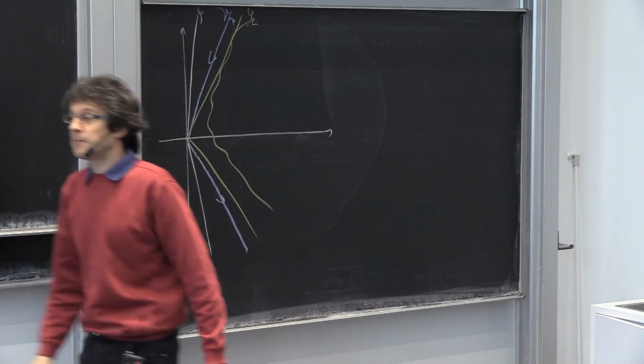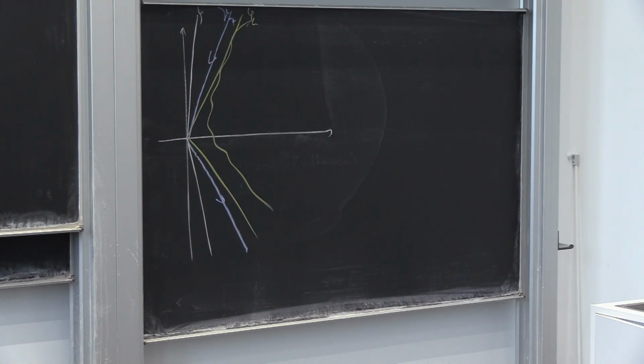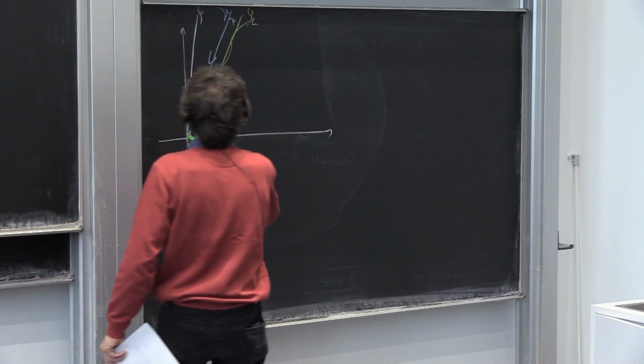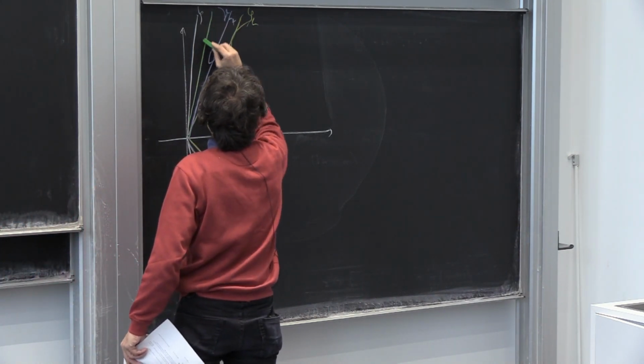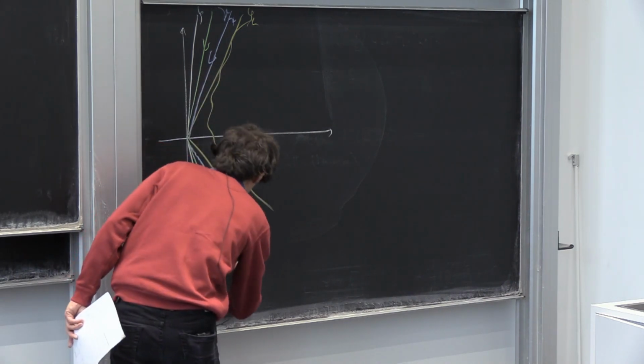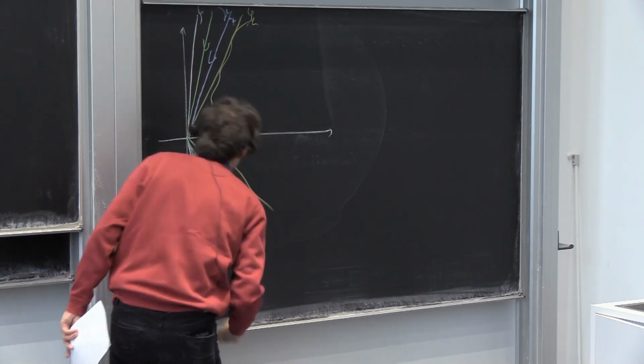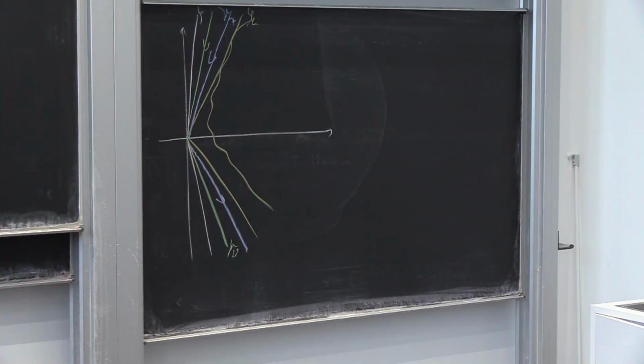But now we also need a path for the function g, and it's a good idea in this case to take a path that has a different angle, and we will take for the function g a larger angle. So this is gamma nu. But still nu less than phi, obviously, because otherwise the integral is not defined.